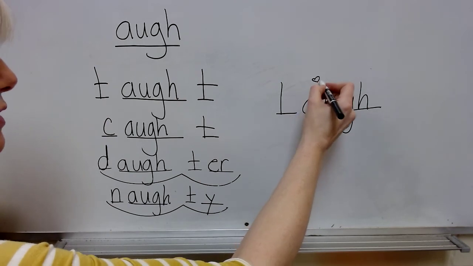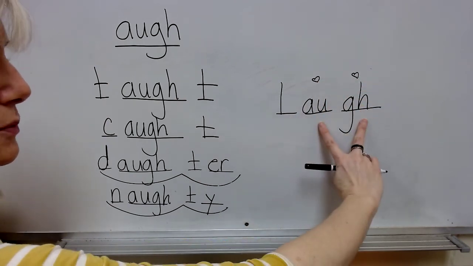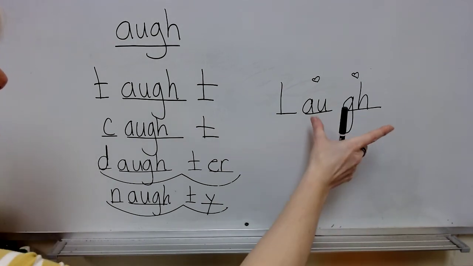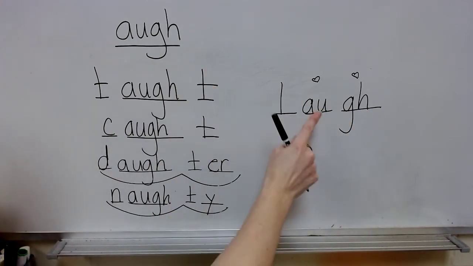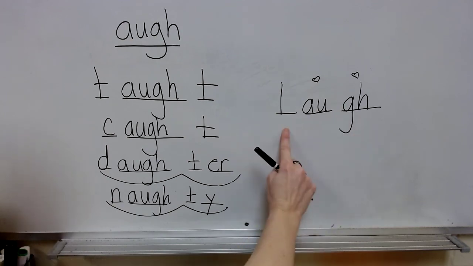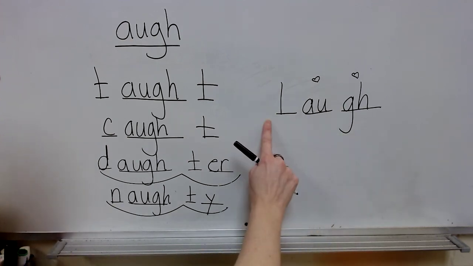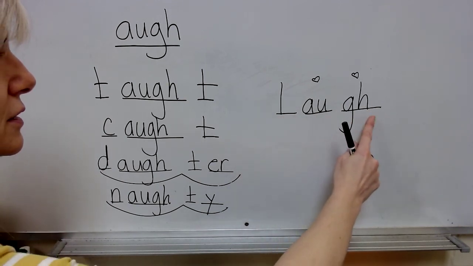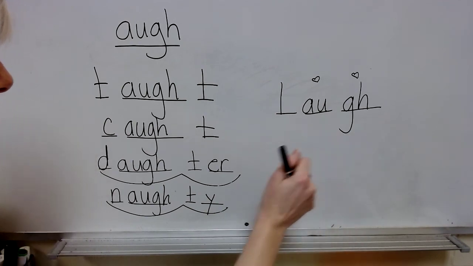These parts you have to know by heart because they do not play fair in this word. It's not aw like this, it's saying af. Laugh. Check it and correct it. What word? Spell laugh. What word? Yes, laugh.